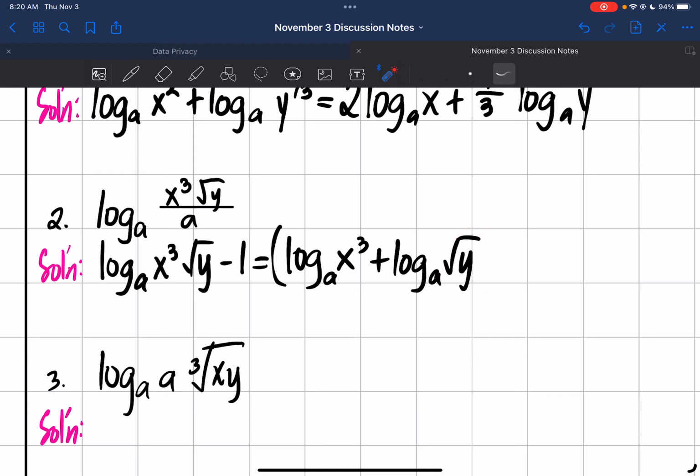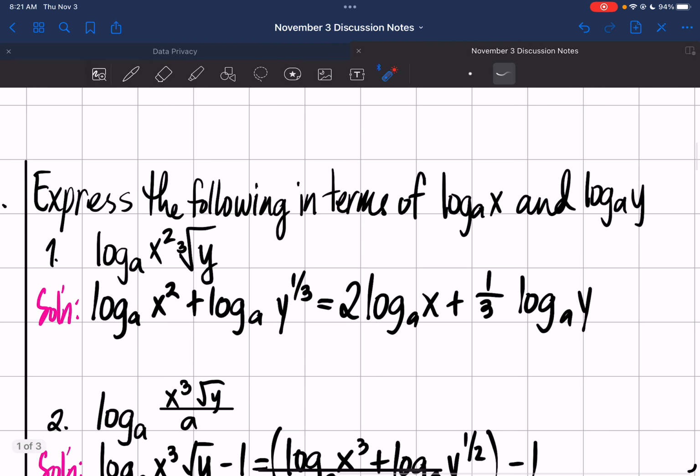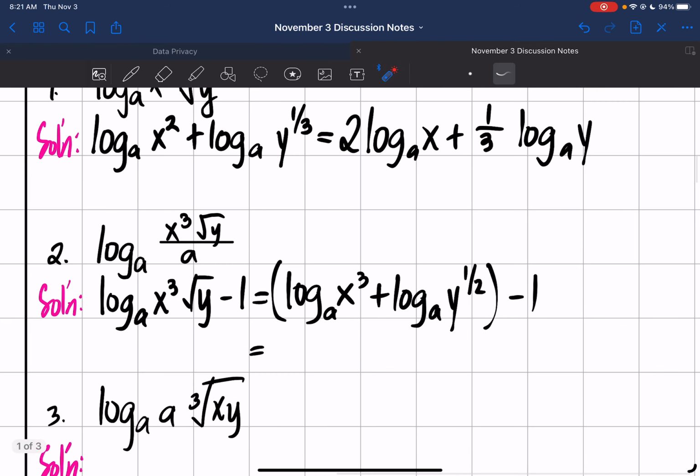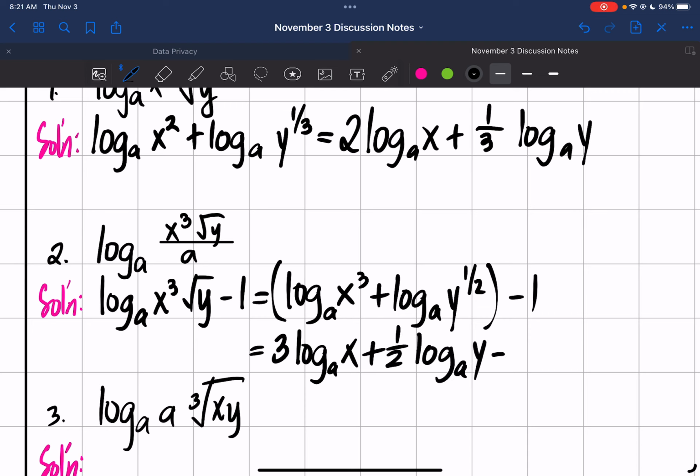This one, square root of y, is equivalent to y raised to 1/2. Then, we also have the minus 1 outside. So, lastly, what we need to address to make it log x base a and log y base a is the exponents inside. So, we bring them out using the power rule and we'll get 3 log x base a plus 1/2 log y base a minus 1.